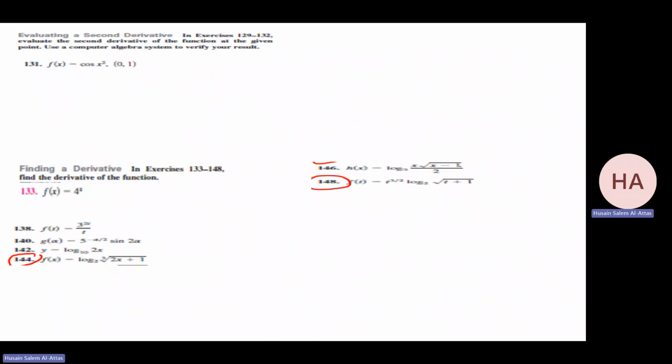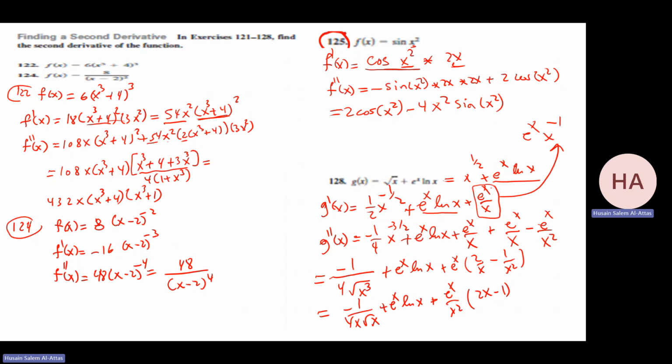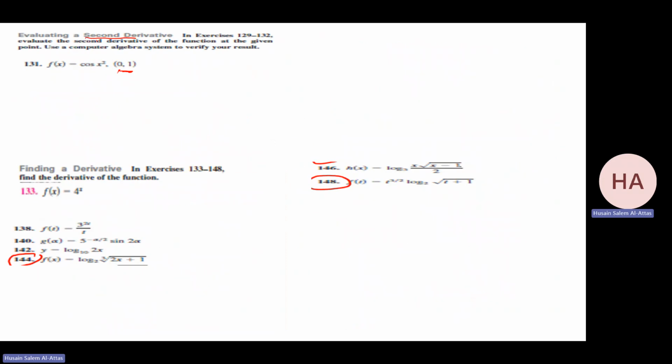Okay, more problems. I want not only finding a second derivative, but also evaluate it at this point. So it will be f prime. Is it the same problem? This is sine, this is cosine. Okay, no problem. F prime will be minus sine x squared times 2x. F double prime will be what?